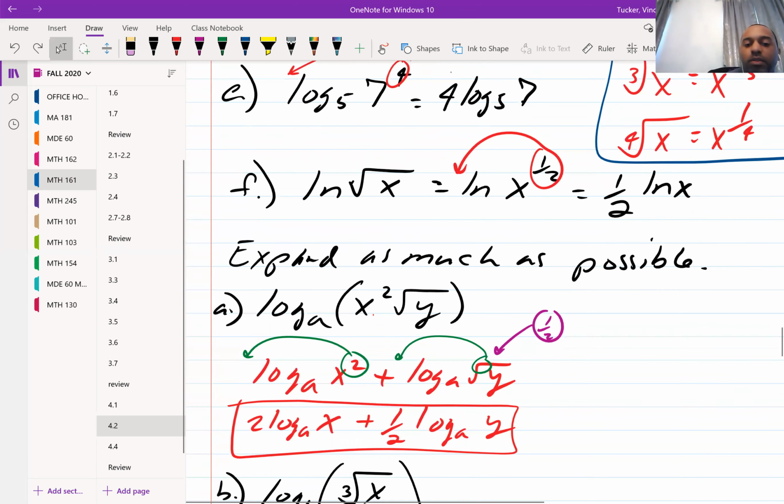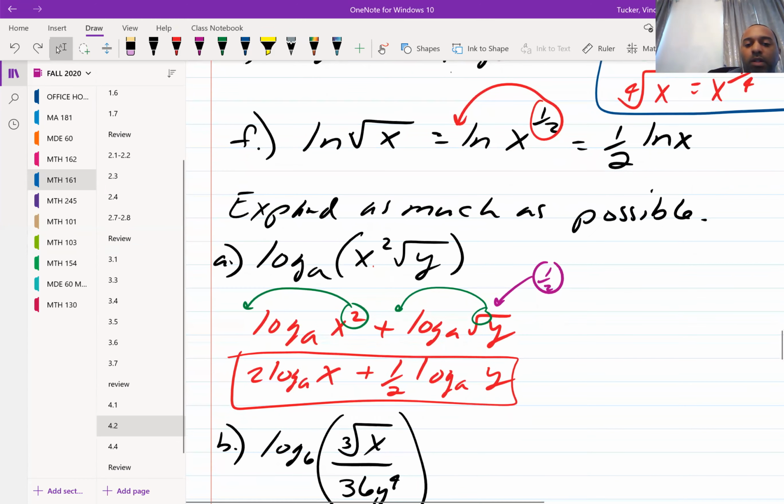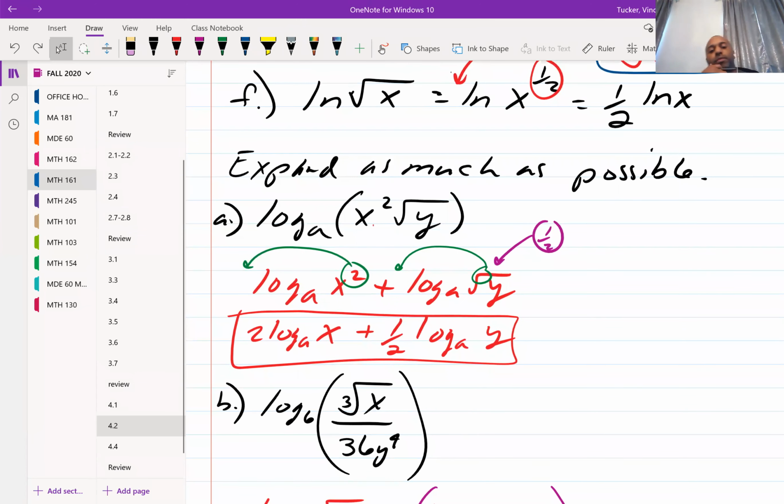Any problems? All right, so the next one, log base 6 of the cube root of x over 36 y to the fourth.